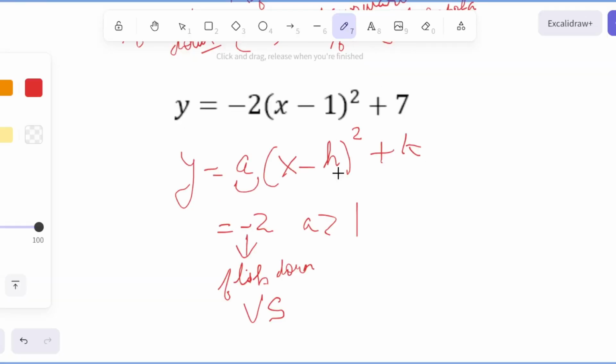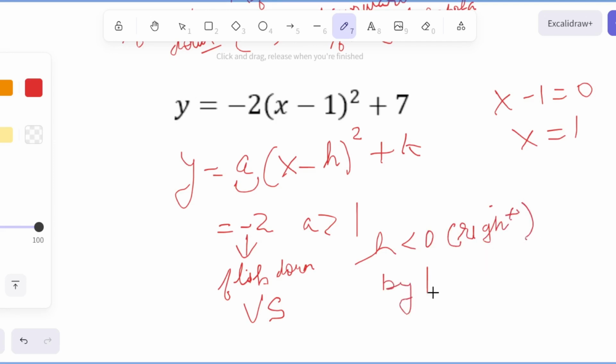And for h, if you put x minus 1 equal to 0, you get x equals 1. So it is moved towards the right by 1 unit. And the k is 7, and because k is greater than 0, it has moved up by 7.